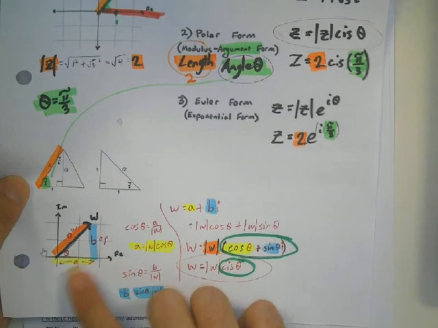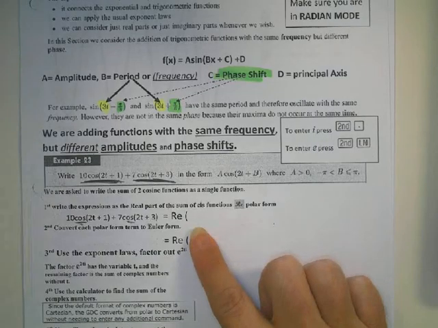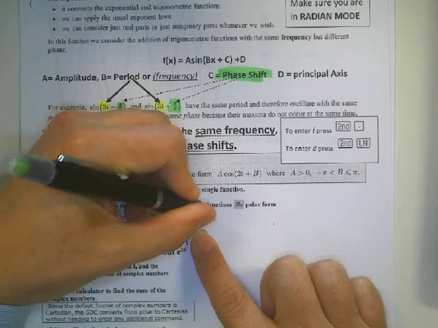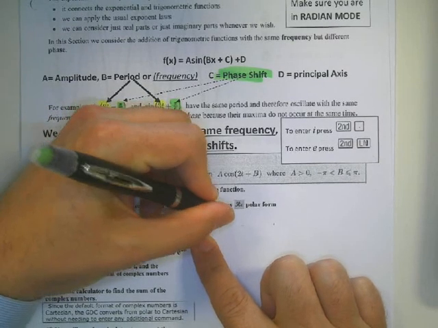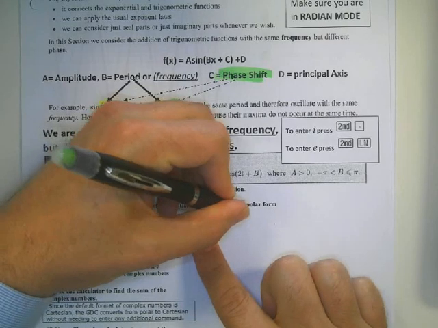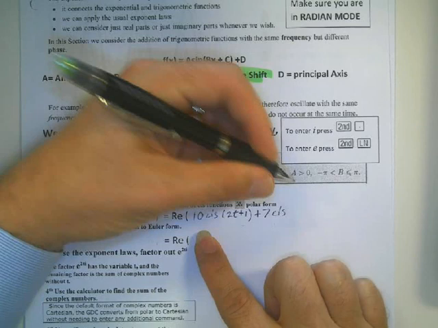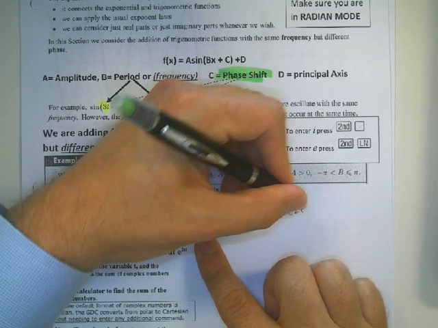So I'm going to write this as 10 cis (2t plus 1) plus 7 cis (2t plus 3).